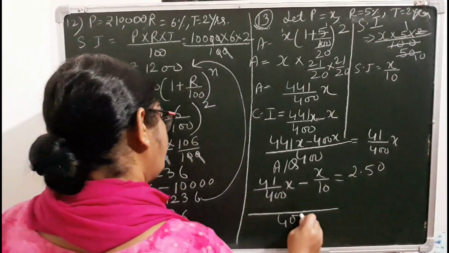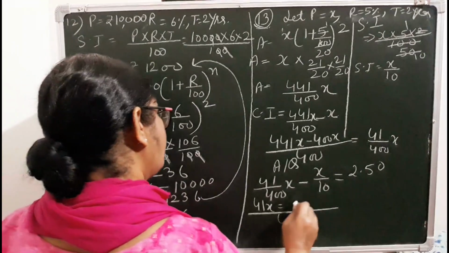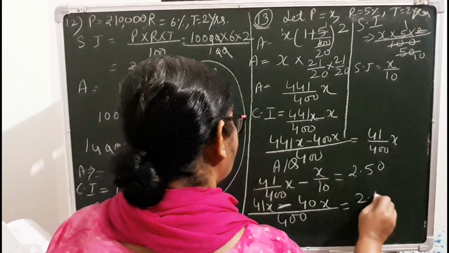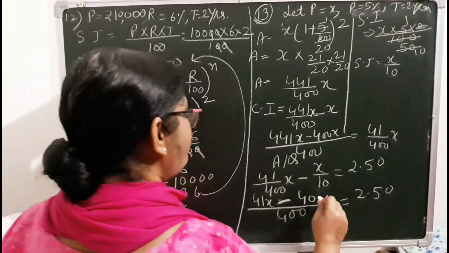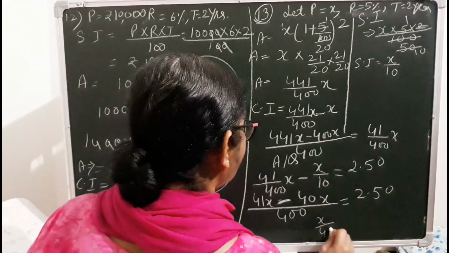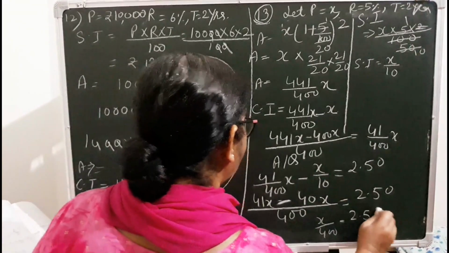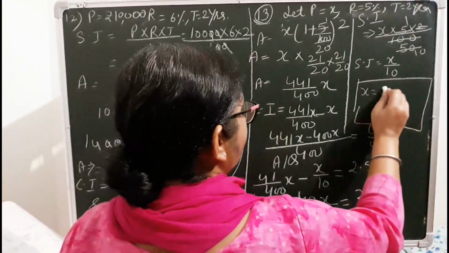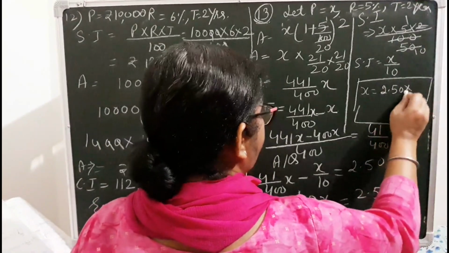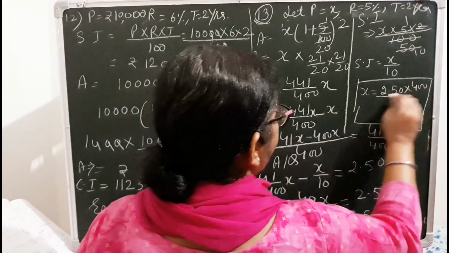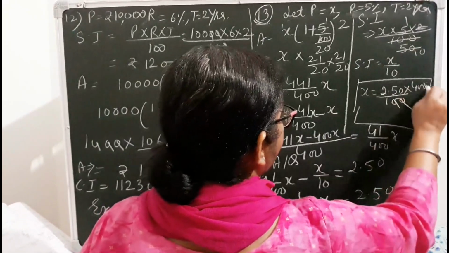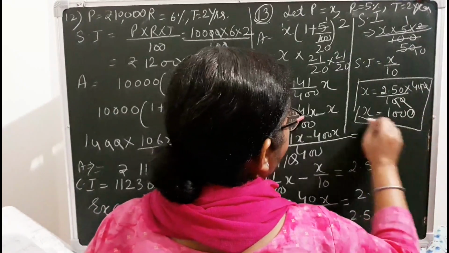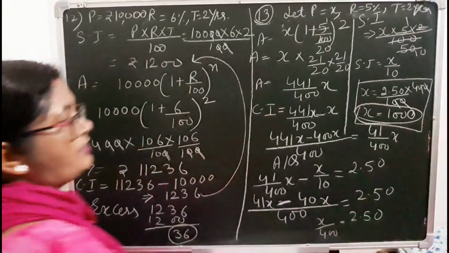Means 441x minus 40, means 41 minus 40 only, x over 400 equals 2.50. This side x is equal to 2.50 multiply 400. Remove the decimal. 25 4s are 100 and the last 0, means principal is 1000.